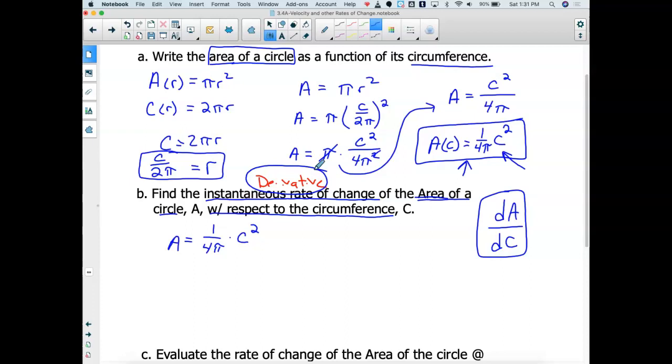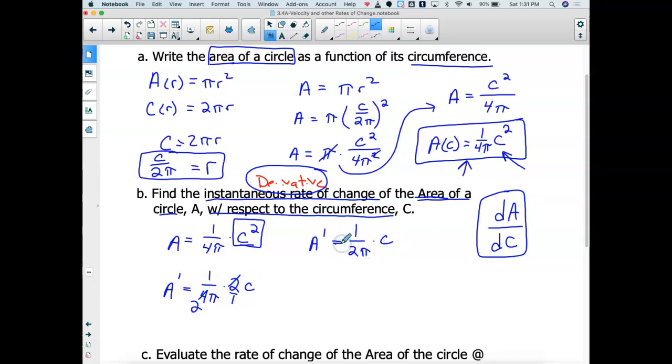I can come right over here and say A prime equals, well, here's a constant of 1 over 4 pi times, here's my function, that's going to be a 2C, drop my power by 1, it's going to be to the first power. I can see this comes over and that's going to reduce, so I get 1 over 2 pi times circumference.